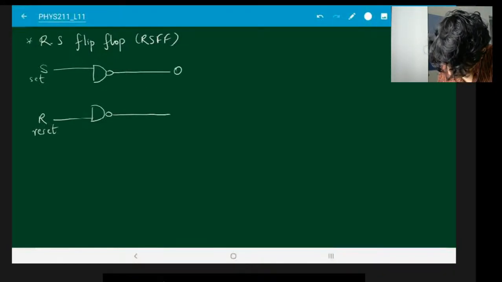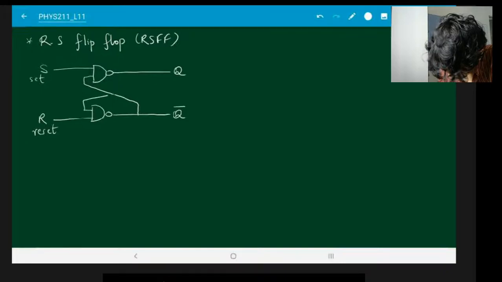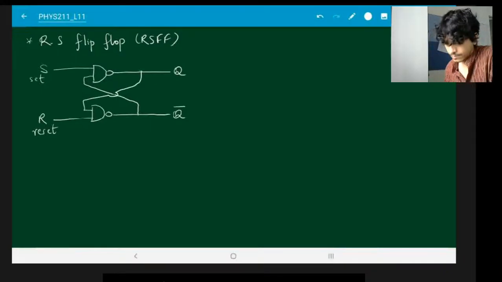Their outputs are called Q and Q bar, and you can think of this as there being a feedback. So the first NAND gate has an input from S and Q bar, and the second NAND gate has an input from R and Q.